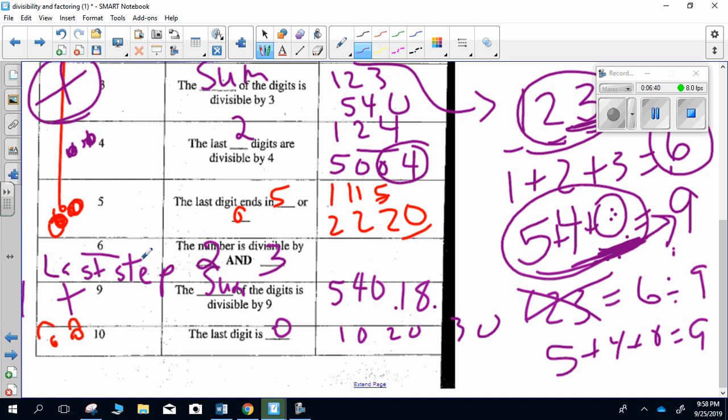Let's take 36. 36 is divisible by 2 because it ends with an even digit. 36 is divisible by 3 because 3 plus 6 is 9, and 9 is divisible by 3. So since 36 is divisible by 2 and 3, it is also divisible by 6. Make sure you fill in this chart, and then you're going to get ready to do the next activity. Thanks.